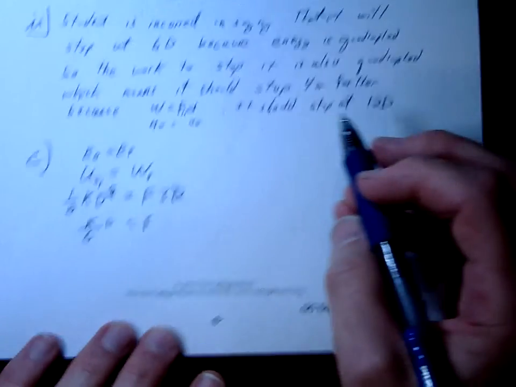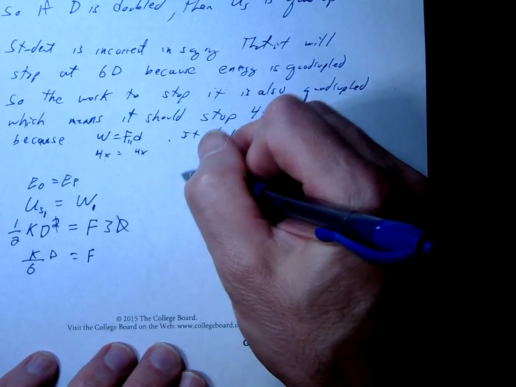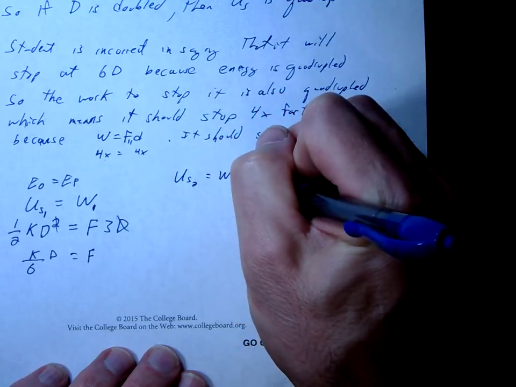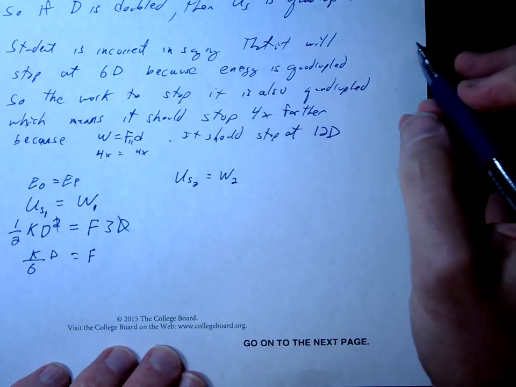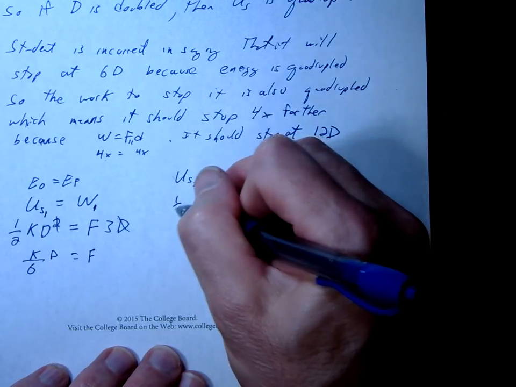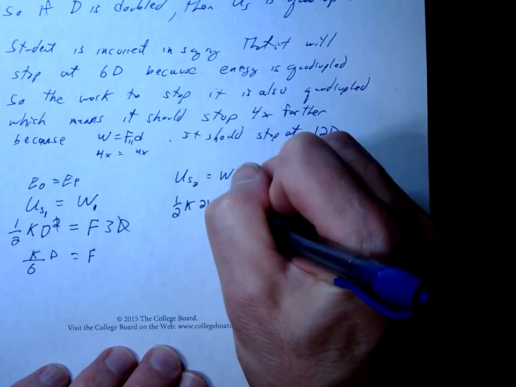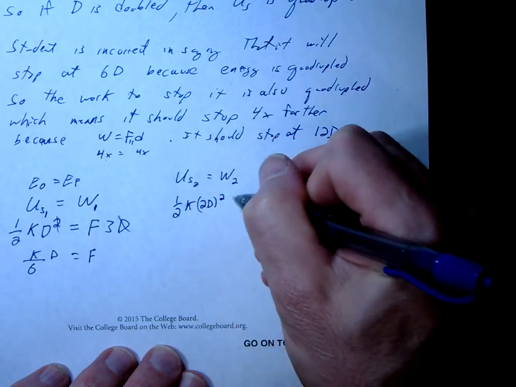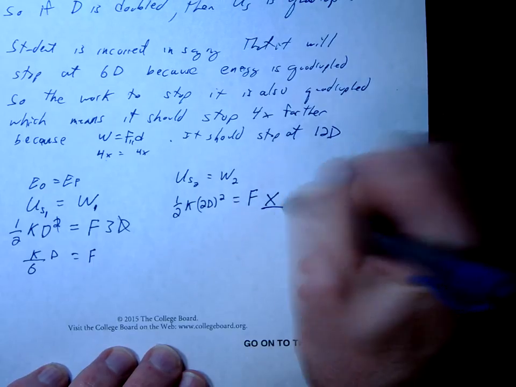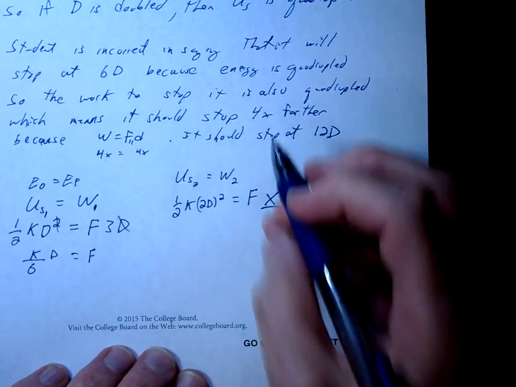Okay, now let's go ahead and put it into our other equation. So for our second part, US2 equals work 2. So we're going to go 1/2 k 2d squared this time, which equals force times, and then we'll just call this x. This is the value for x that we're looking for.